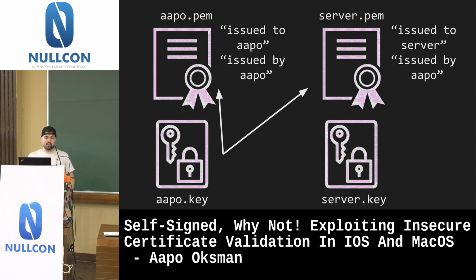With a certificate, you can do a lot of things. For example, you can issue more certificates from the one that you have created. So you will have a certificate issued by Aapo, issued to Aapo. And then from that certificate, you can create more. So you can create a certificate issued to a server, issued by Aapo.